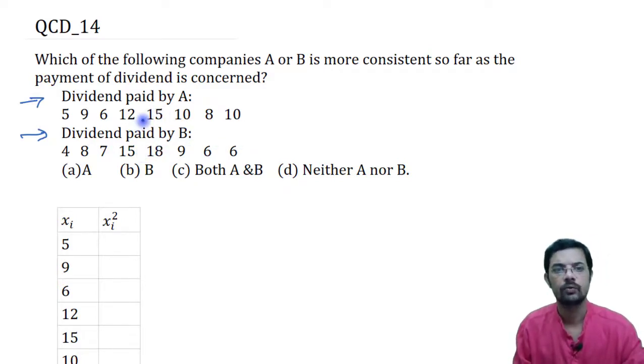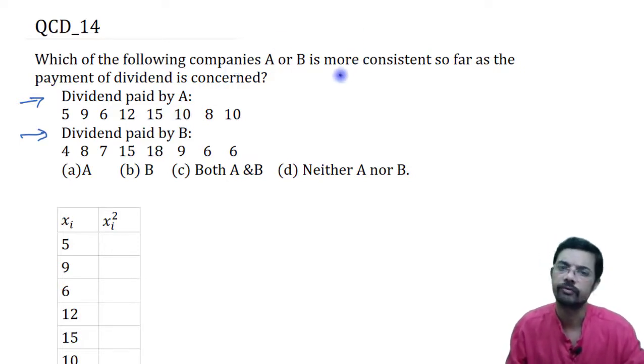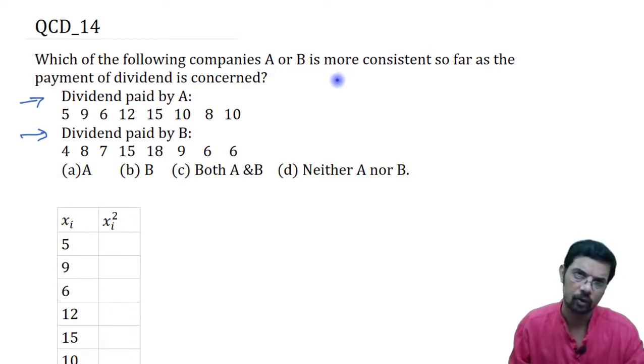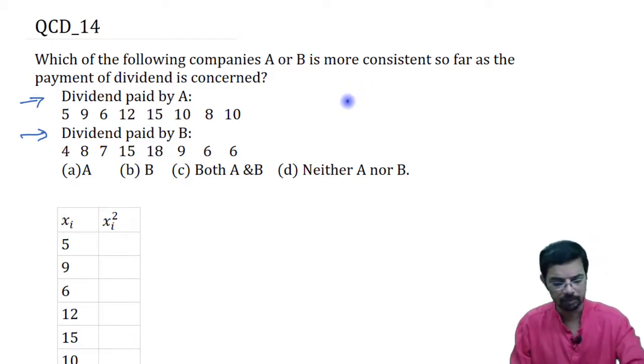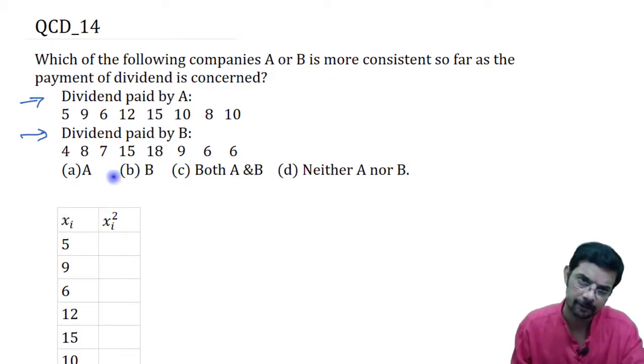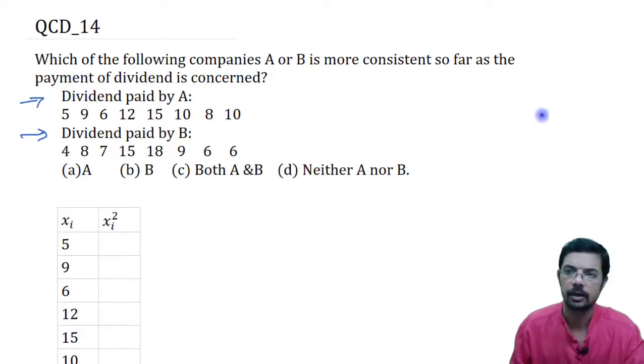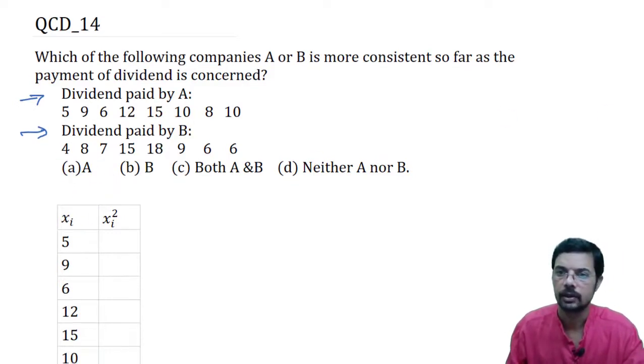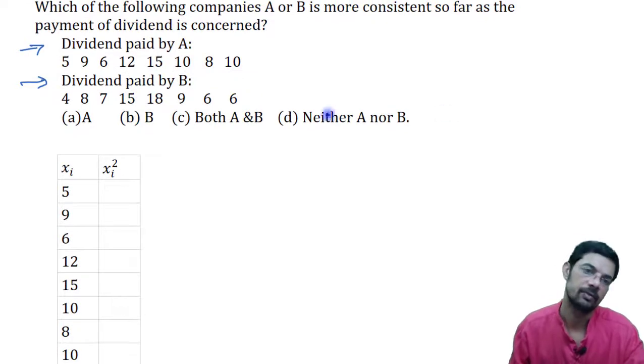We need to find out which company is more consistent in paying dividends. So we need to calculate the coefficient of variation. If we compare the variances between the two companies, first we need to find X bar and then the coefficient of variation by finding the standard deviation.